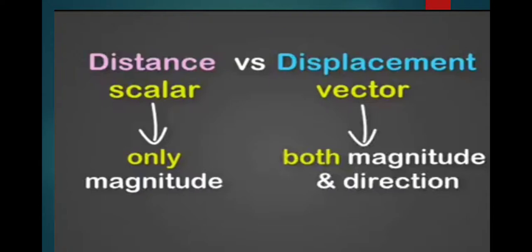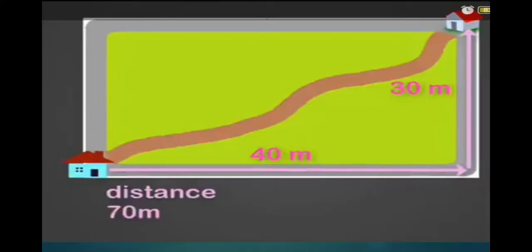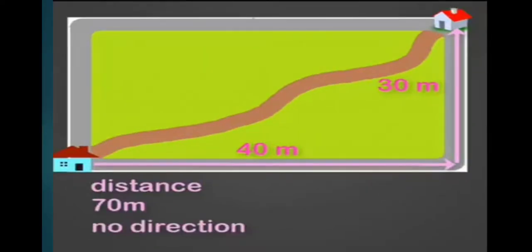So let's look at our example. Here, when you travel to your friend's house like this, distance was 70 meters, but there's no direction specified. But if you look at displacement, our displacement has a value of 50 meters.